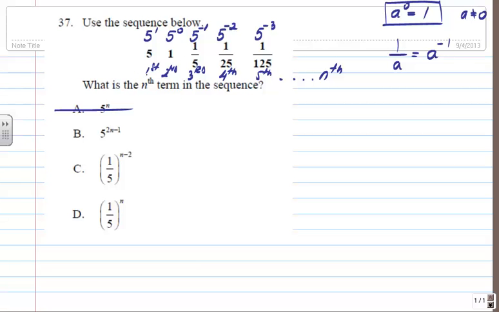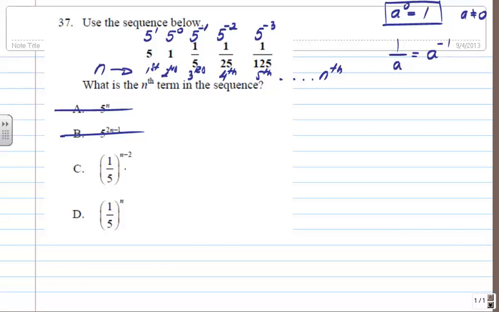For the first one, 5 to the power of 2 times 1 minus 1 would be 5 to the first, which is good. If you have the second, for n equals 2, I have 5 to the power of 2 times 2, which is 4, minus 1, should be 5 to the third. This one doesn't work either. Let's check the others.